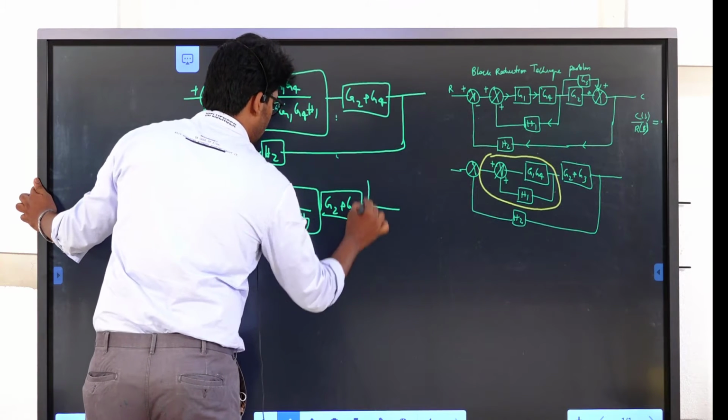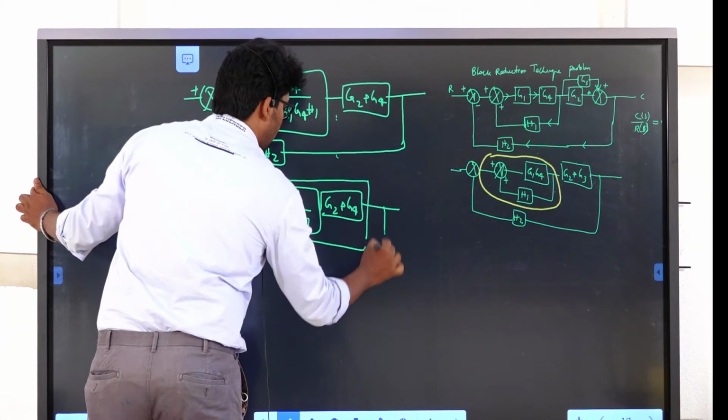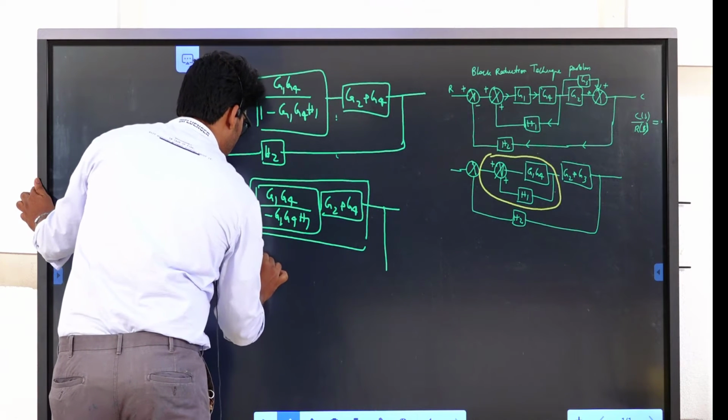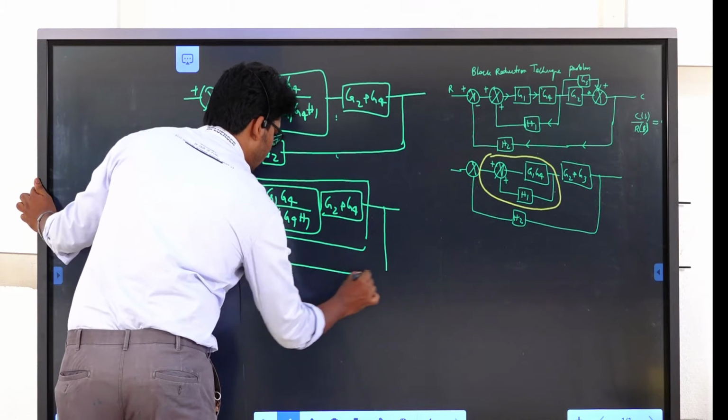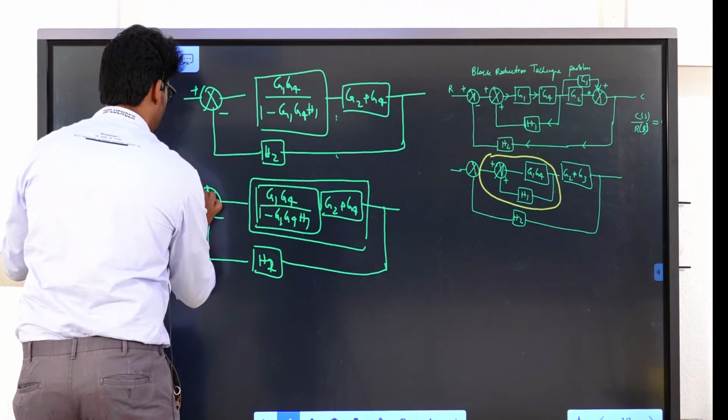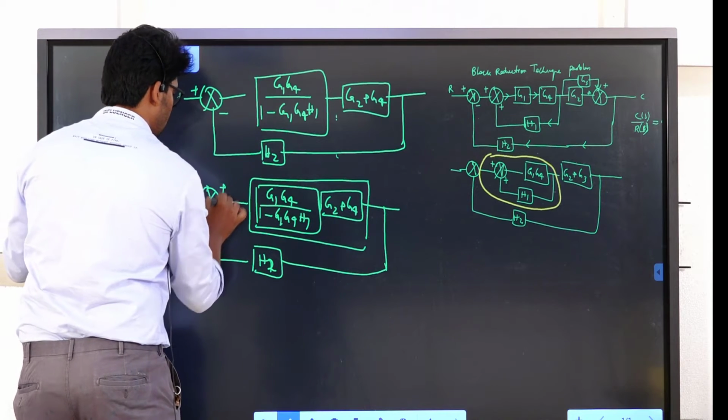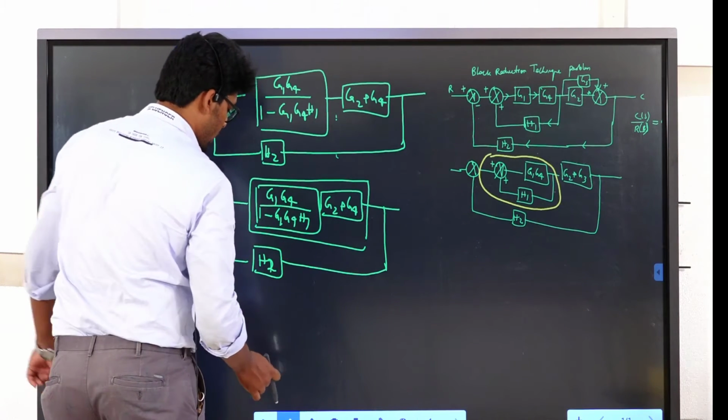And this is one block. Now I again have feedback H2, so I get one more minor block, and I will reduce this minor block into one form.